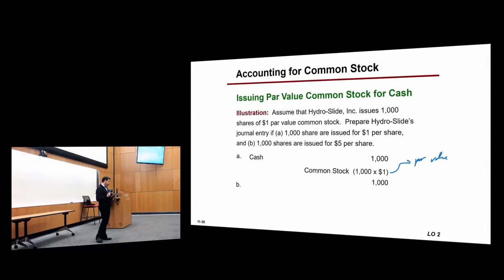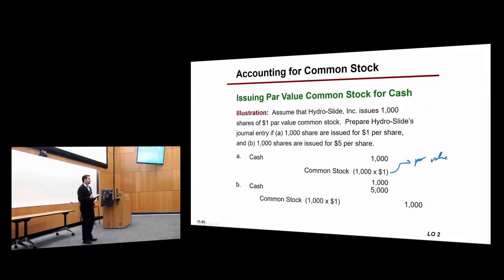What about B? Those 1,000 shares are issued for $5 per share. How much cash is the company receiving? 5,000. They are selling them for $5 per share. So the company will debit cash 5,000. How much are they going to credit common stock? 1,000.